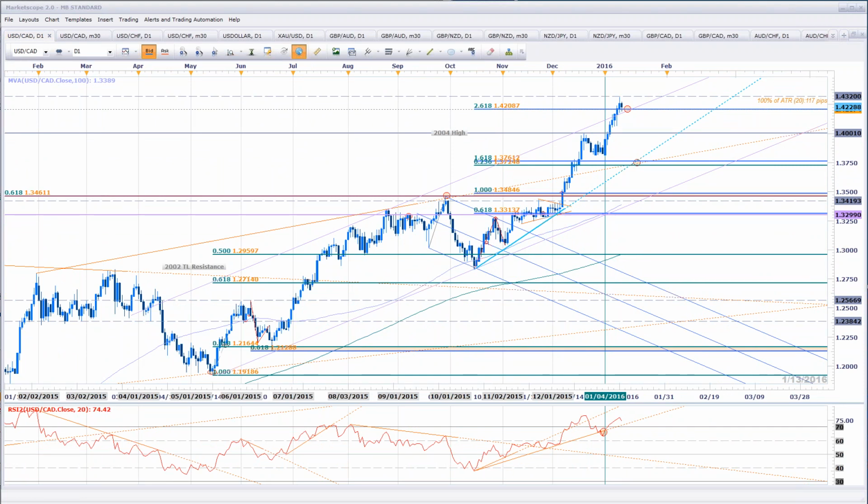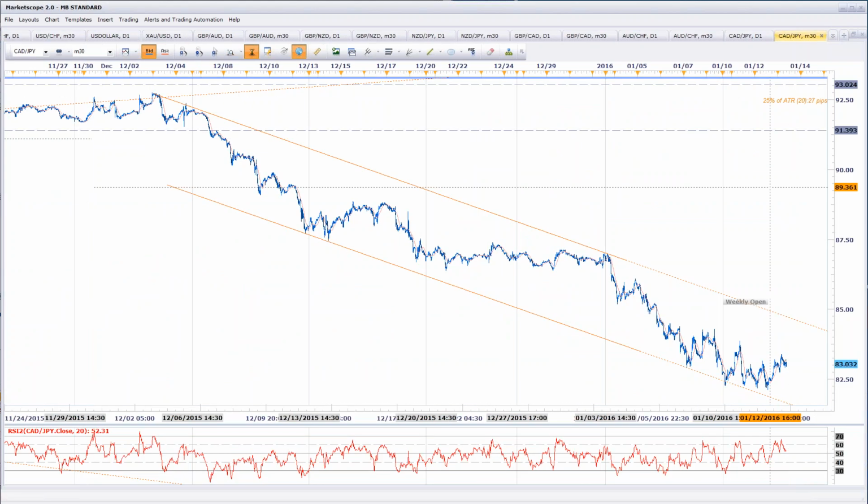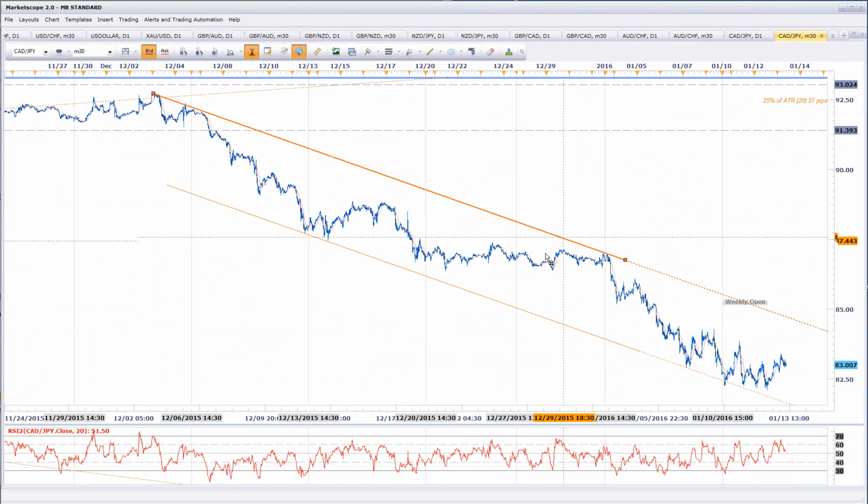We were looking at CAD yen earlier in the week. I just wanted to see what that looks like at this point. Here we go, on the daily chart. So near term, the only thing I want to highlight for CAD yen, which also gives you a decent mid-range ATR, 27 pips per scalp, is the fact that we've been holding this channel off of the December high like clockwork, literally.